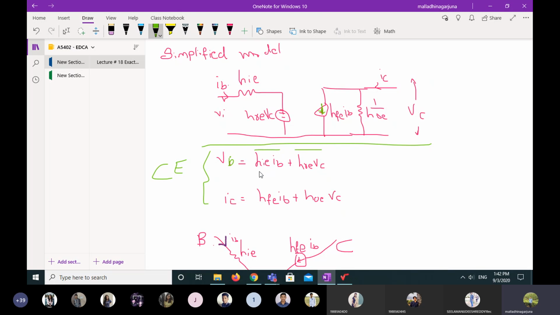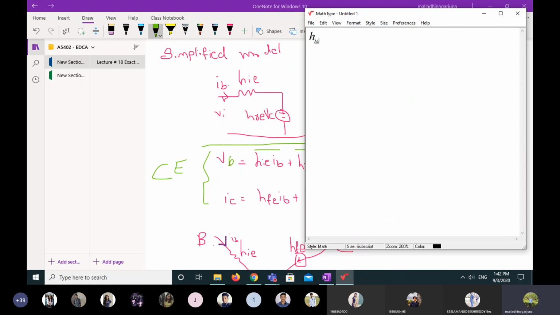What is the typical value of HIE? A few classes back, I told some typical values of H parameters. HIE is 1.1 kilo ohm, HFE is 50, and HRE is 2.5 into 10 power minus 4.